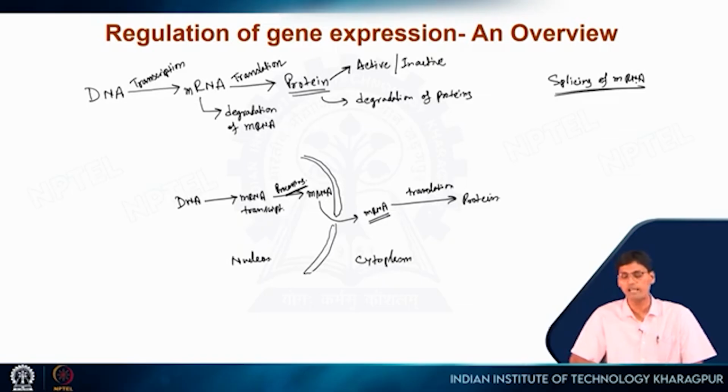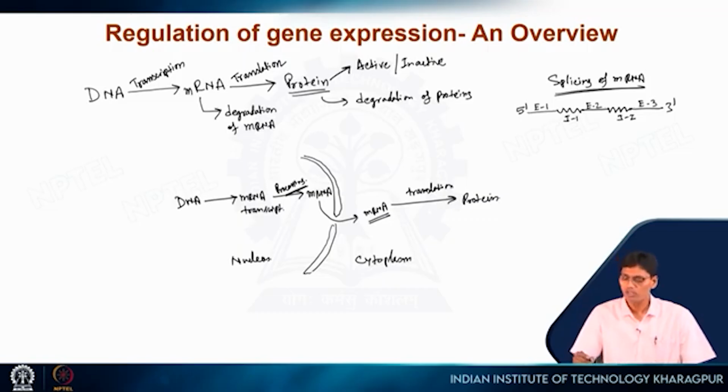So I will give you just one example of how splicing of mRNA helps in gene regulation, or can control gene regulation. So here, this is 5', this is 3', this is an mRNA, and here this is exon 1, exon 2 and exon 3, and this is intron 1 and intron 2.